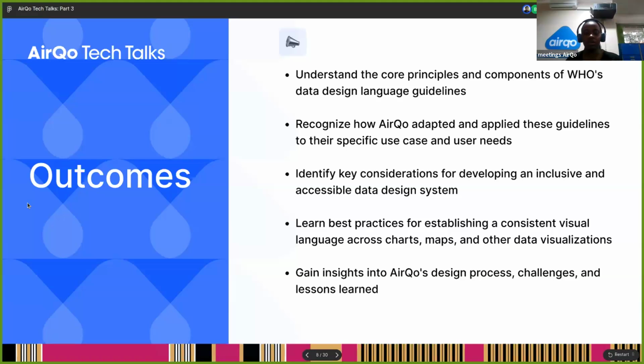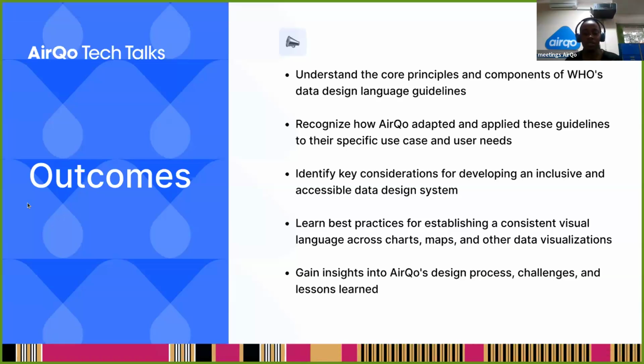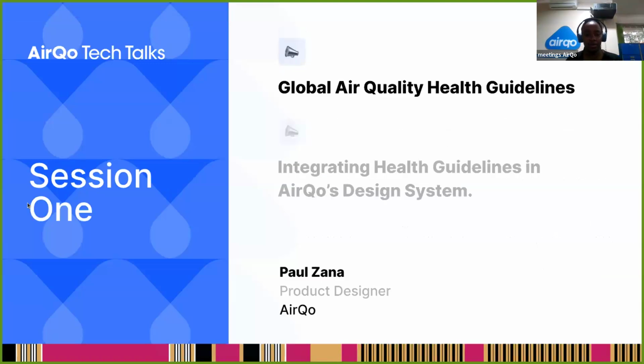Then we hope by the end you have learned the best practices for establishing a consistent visual language across charts, maps, and other data visualizations. And we hope that by the end of the session, you'll also have gained an insight into AirQo's design process, challenges, and the lessons learned.